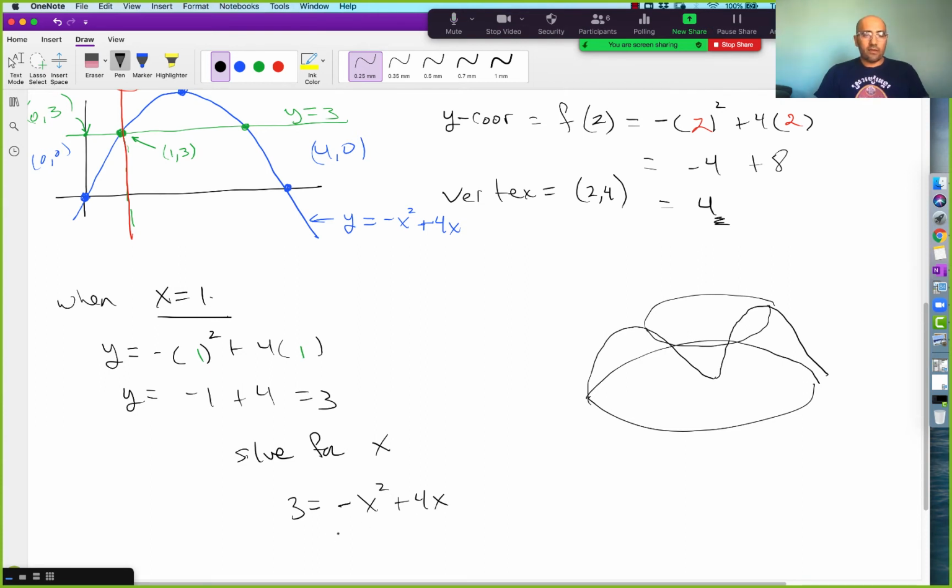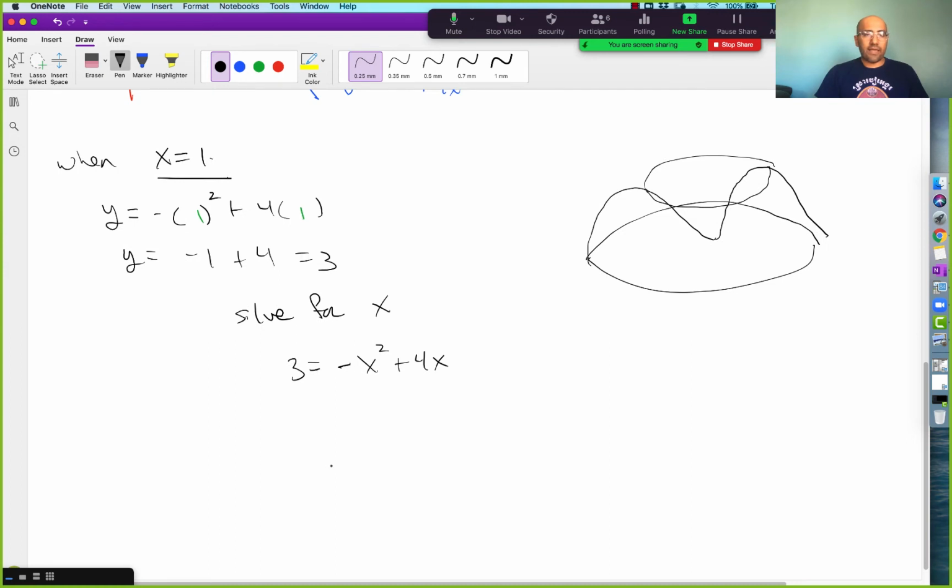Okay, well, luckily we can easily solve this one. We want to move this over to the other side, so we get 3 minus 3, we get 0. 0 equals -x squared plus 4x minus 3.